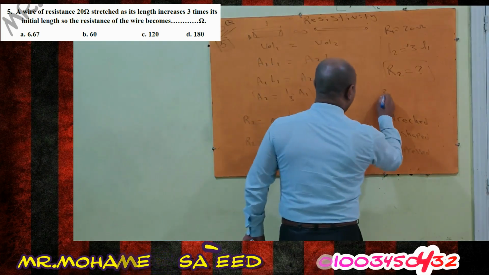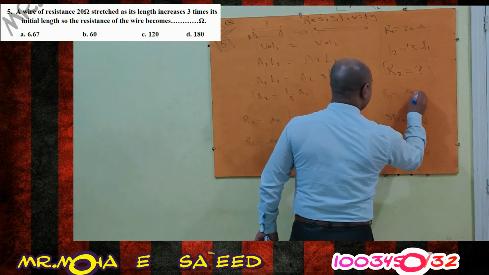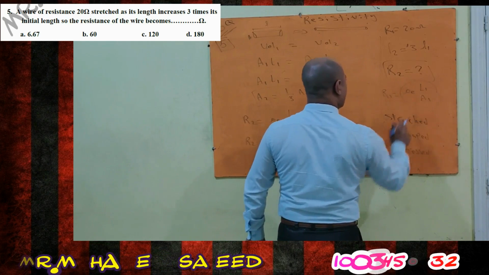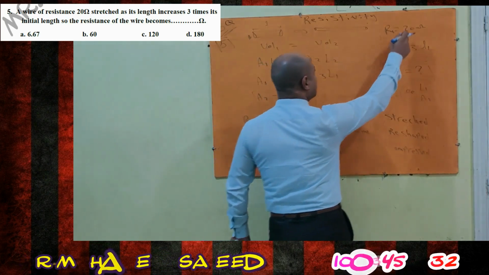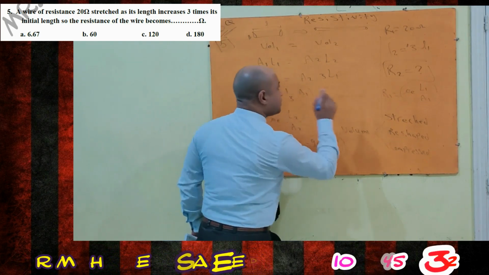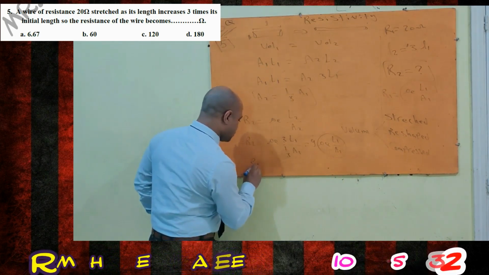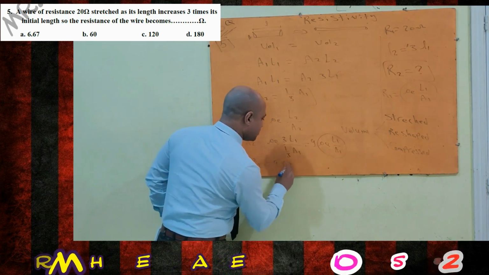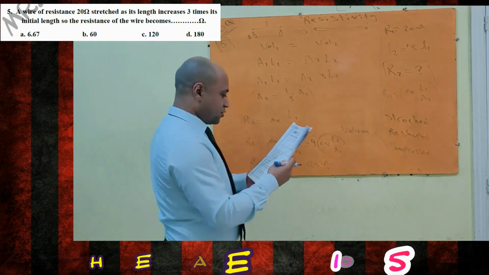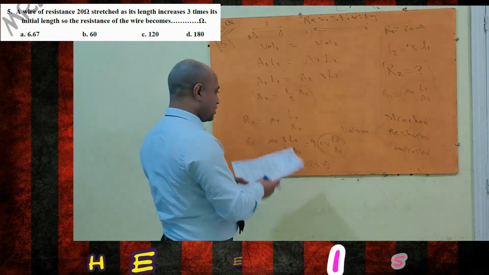R1 equals rho L1 over A1, so we can replace this part by R1, which is 20. So R2 equals 9 times 20 equals 180 ohms. So the true answer is D, 180.